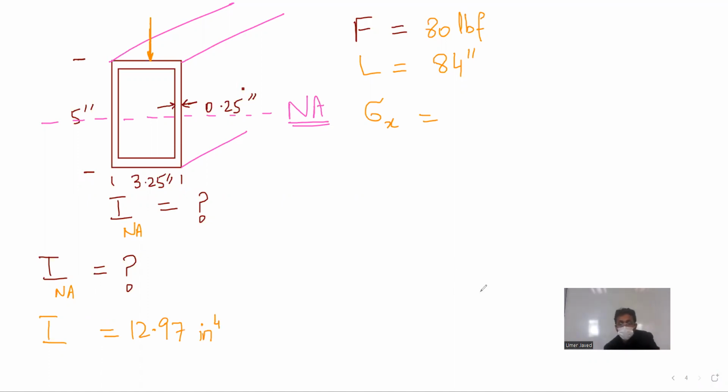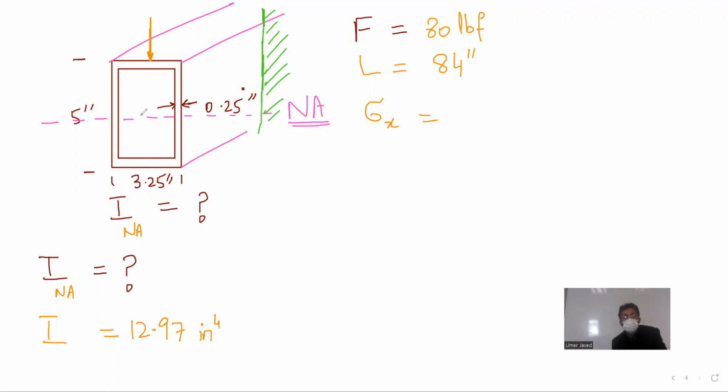Now if you want to see how this problem is, this is a cantilever beam, right? How did you find the I? Okay, I will explain. Did anyone else also get this answer? Yes. This is how I did it.